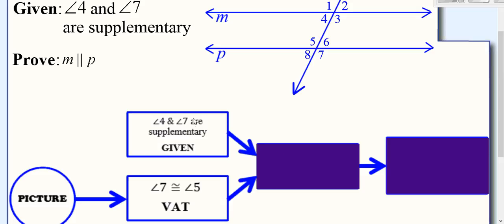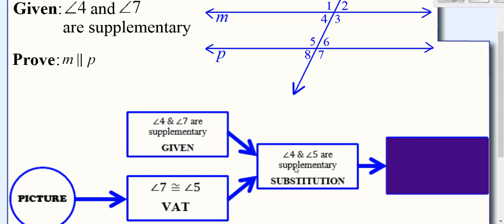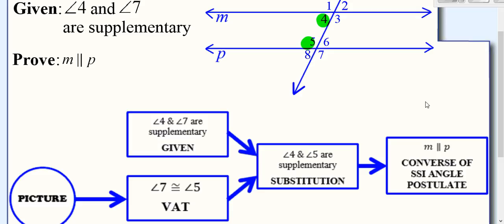So we can put those together. We can substitute out the 7 for the 5. So now we've got angles 4 and 5 are supplementary. And we know that they're same side, so that means the lines are parallel by the converse of the same side interior angle postulate.